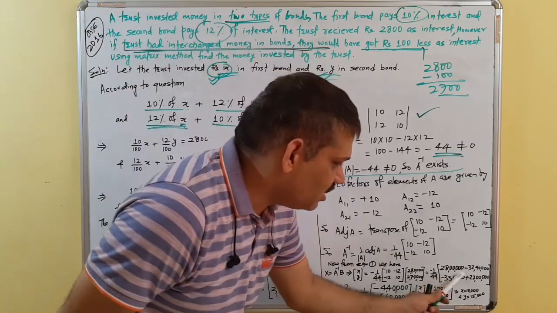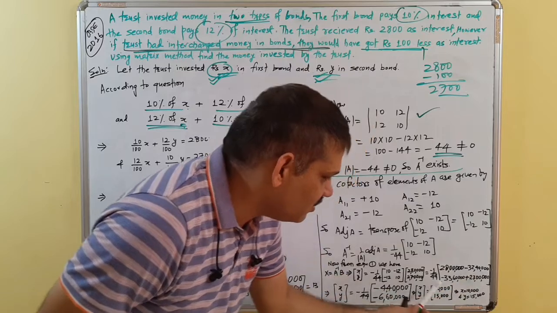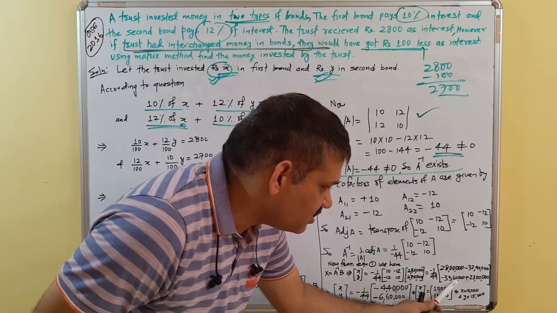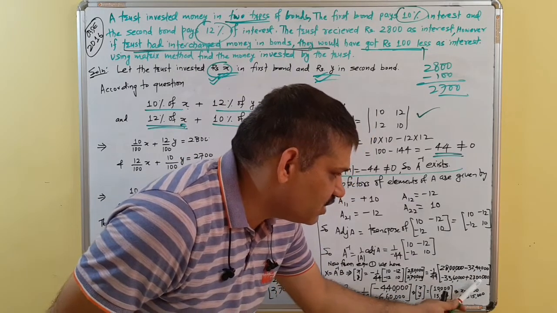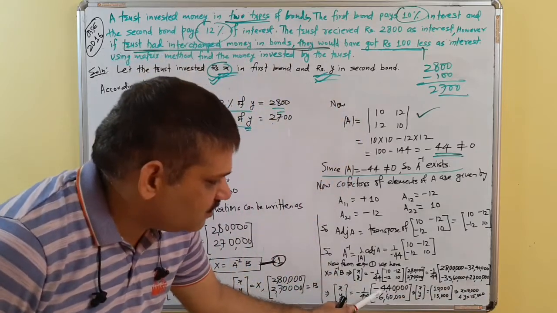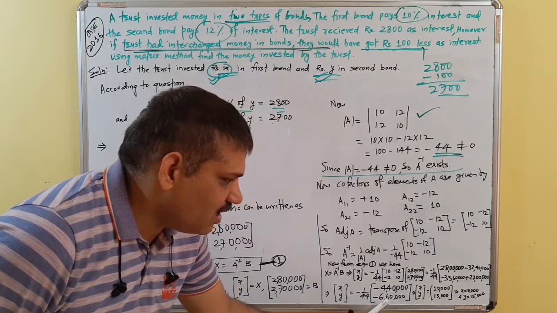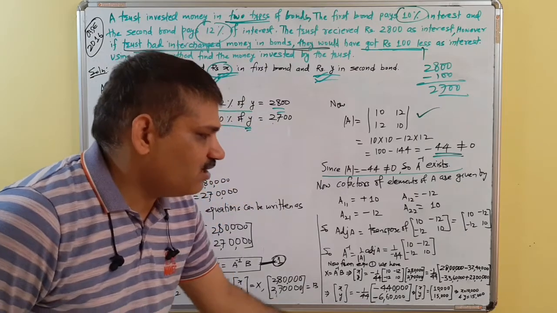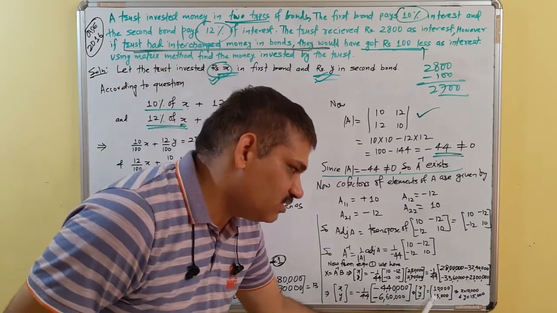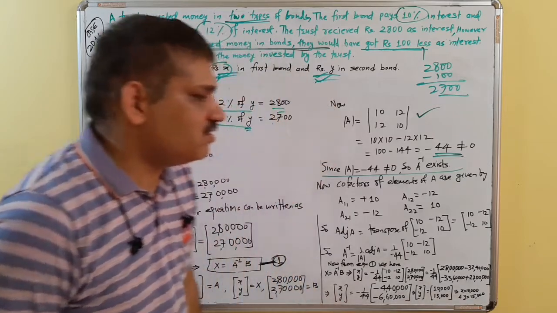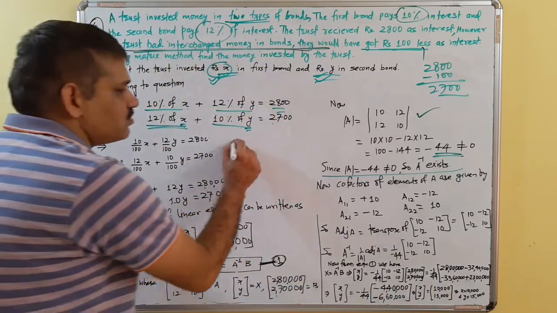This gives us 28 lakh minus 32 lakh 40,000, and minus 33 lakh 60,000 plus 27 lakh. Now this gives me minus 4 lakh 40,000 and minus 6 lakh 60,000. On dividing it by 44, we get 10,000, 50,000. So x is equal to 10,000, y is equal to 50,000.